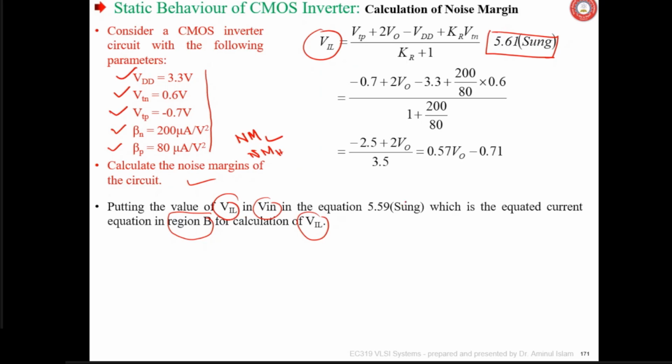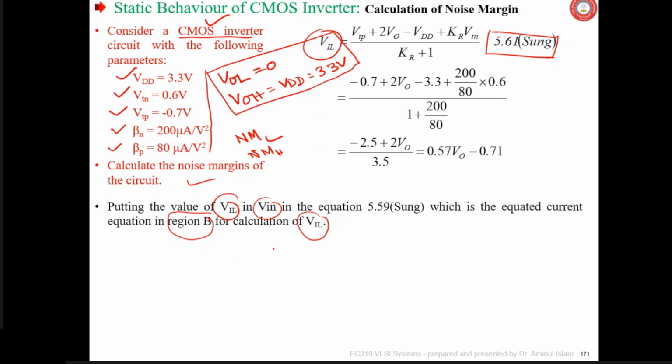So now you can do that if you put the values. It is a CMOS circuit mentioned here. So you can consider VOL equals ground, VOH equals VDD. That means it is 3.3 volt. This much you can assume because it has been mentioned it is a static CMOS inverter.